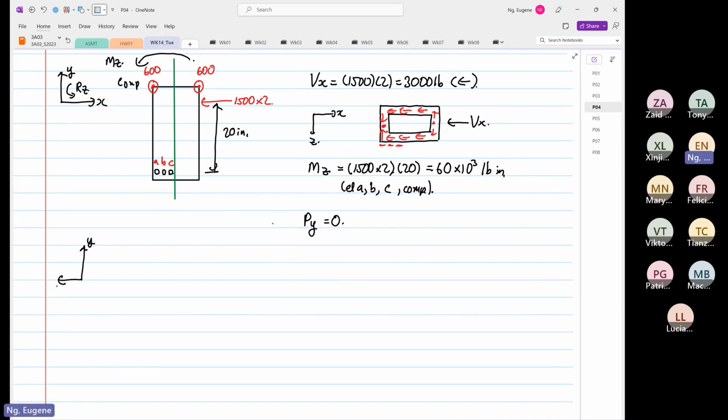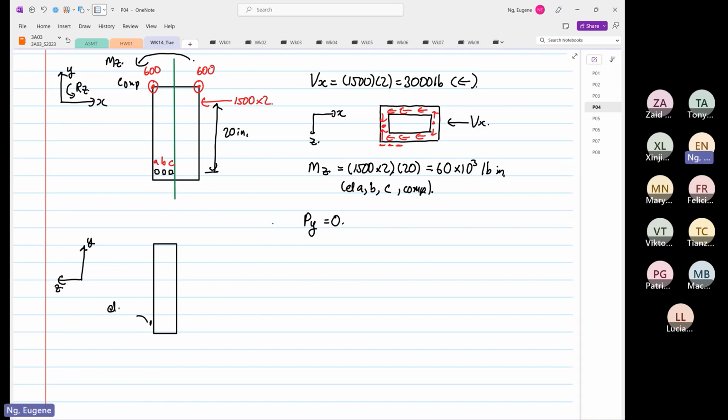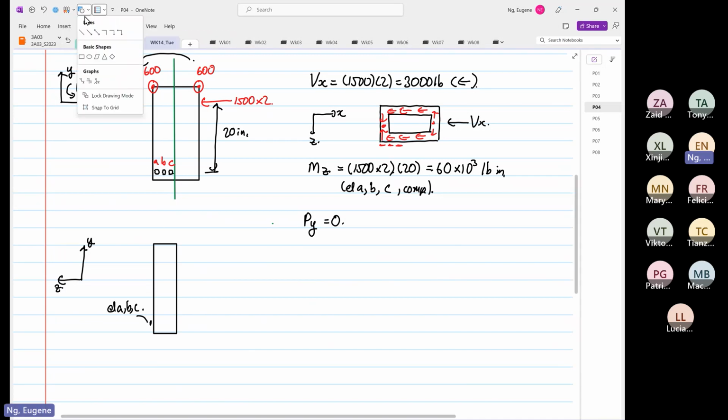So when we view from the YZ plane, we now have this view. And over here, this is where you have your elements A, B, and C. And then we're going to draw a green line to represent our centroid.